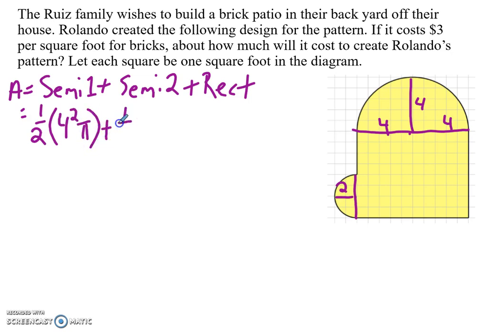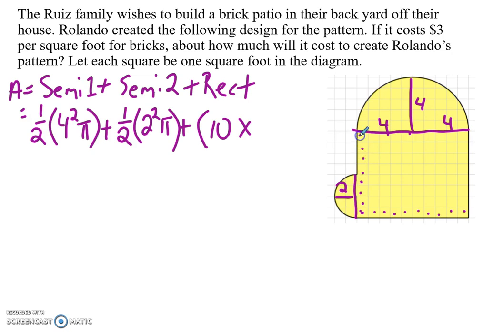My other one is again half of a circle, and that one has a radius of 2 squared times pi. And then my rectangle is length times width. So that's 10 by 8.